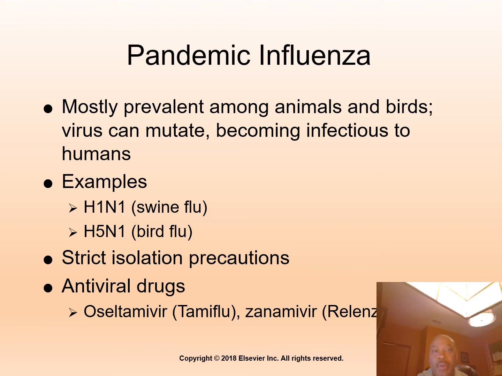Now, Tamiflu and Relenza should be started within 48 hours of contact with an infected patient, and that should help minimize or prevent this infection, at least we hope. The healthcare provider who works with patients suspected of having avian influenza should receive the vaccine.